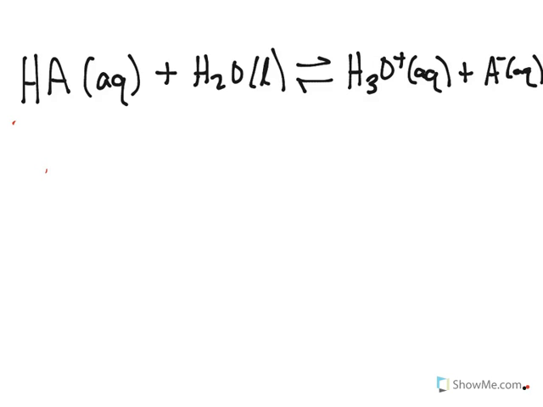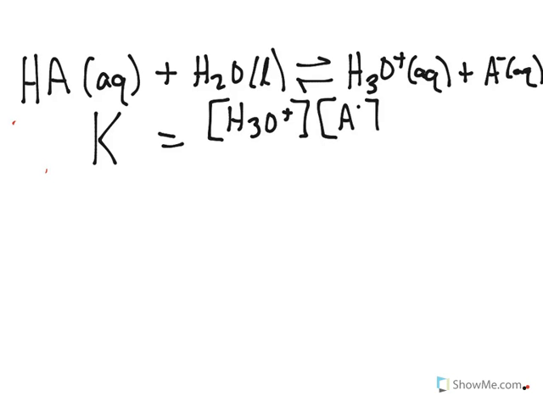So since this is an equilibrium, that means you can set up an equilibrium expression for it, meaning K equals the concentration of the products, which in this case are H3O plus and the anion A minus, over the reactants, in this case, the concentration of the undissociated acid, and you're going to leave the water out of this equilibrium expression because you don't ever put liquids into an equilibrium expression.